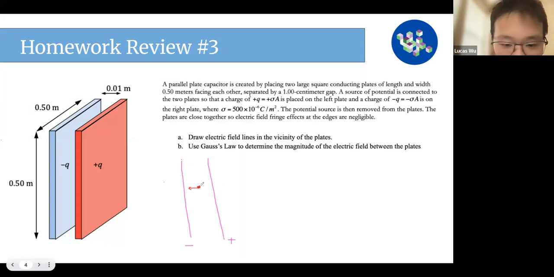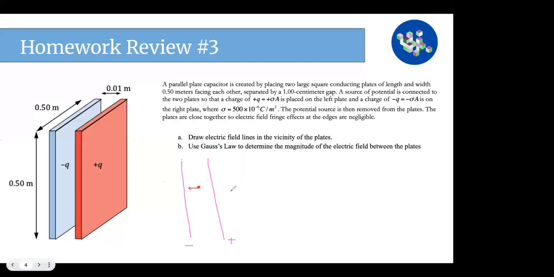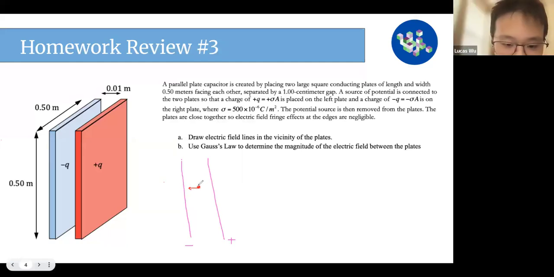Jacob, what about due to the negative plate? It would still point towards the negative. Yeah, exactly. Each of these vectors represents the electric field due to each plate, so E positive equals E negative, which equals sigma over two epsilon zero.